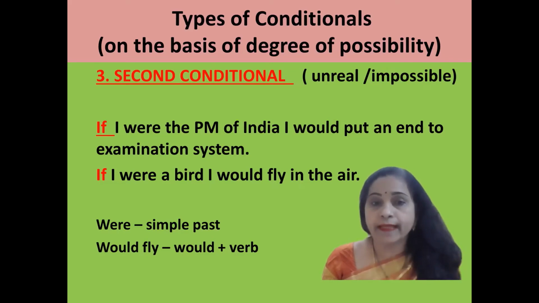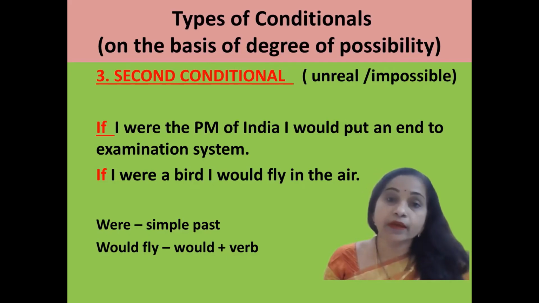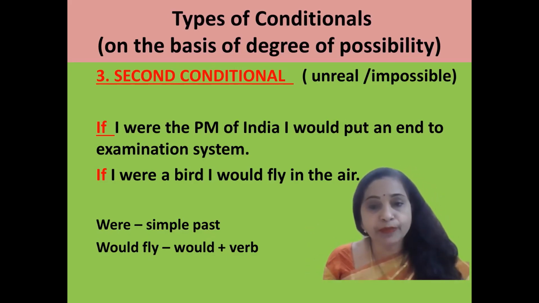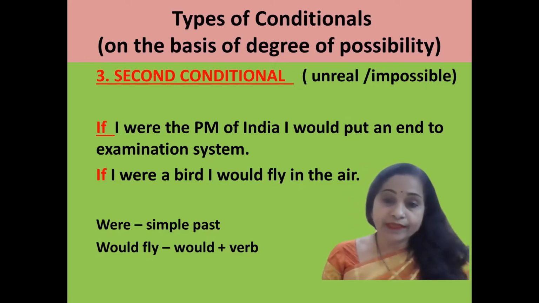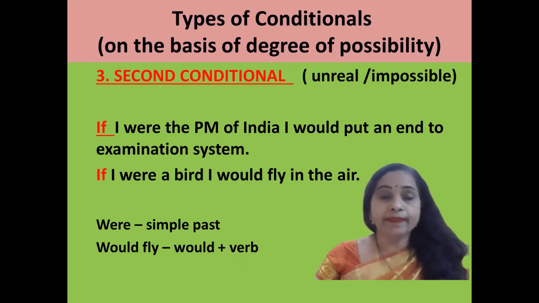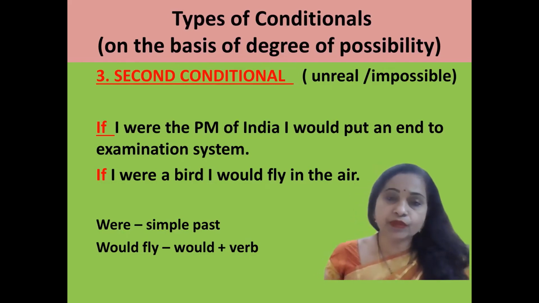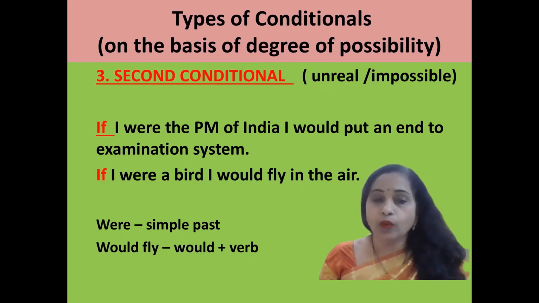If I were the prime minister, if I were a bird, if I were a millionaire, all the unreal and impossible conditions have to be denoted with this kind of verb, though it is singular. If he were the famous cricketer, if he were the prime minister, if she were the Nightingale of India. So even if you are using singular subjects, the verb should be were.